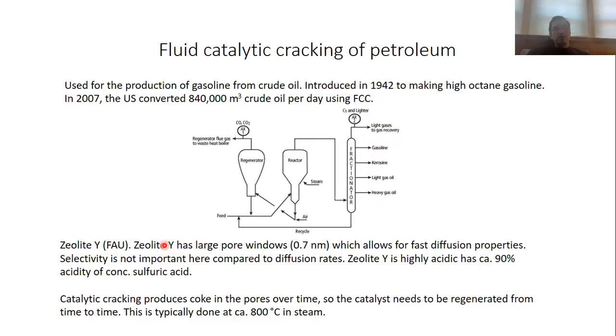Therefore, you have to regenerate that catalyst from time to time. You do this with steam at 800 degrees Celsius, and by this treatment you transform the coke into carbon monoxide, carbon dioxide, and hydrogen, and you have your zeolite regenerated. Then you can fill it back into the reactor and continue the fluid catalytic cracking process. So this is a very large industrial scale process involving zeolites.